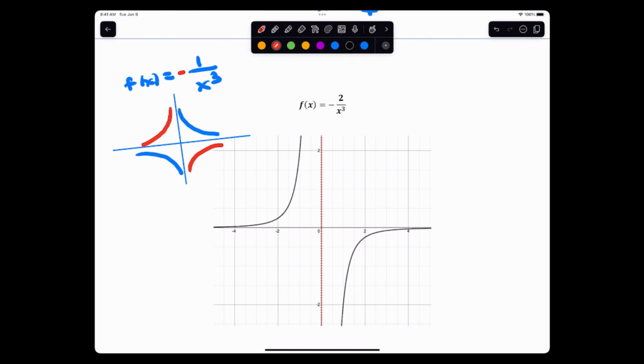But here's the thing, at the vertical asymptote, you go, I don't know where that is. Well, you set the denominator, x cubed, equal to 0.